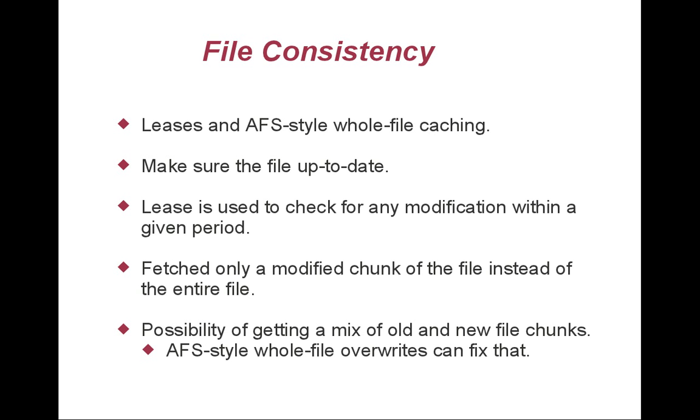The best way of doing the update is, instead of getting the entire file, to only download the chunk that has been changed, which could actually cause a problem because there is a possibility of getting a mix of old and new file chunks, so you might get a file that is not quite what you want. But AFS-style whole file caching can fix that by overwriting the entire file.